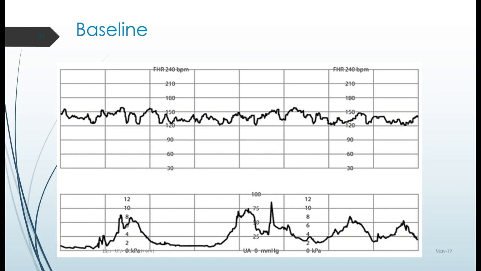I would never expect you to be able to pull that out of this particular strip since you don't have your 130 and your 140 line. But this is basically to show you that you're going to look right here where we're in between contractions. Because what's happening right here during the contraction, we cannot call that baseline.